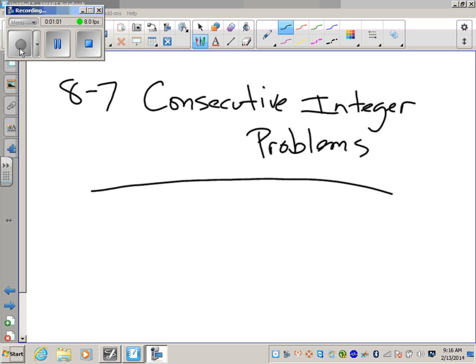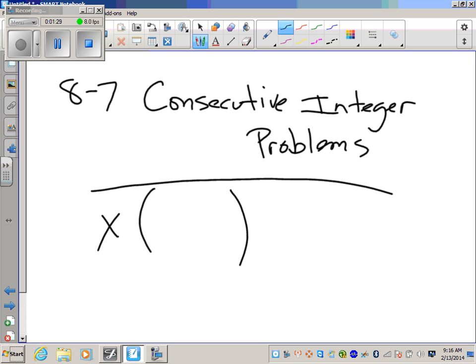Yes? So two consecutive integers whose product is 56. Now, it's slightly different because I think before we did consecutive integers with sums, adding. Now we're doing multiplication. So if x would represent my first integer, and it's a product, right?